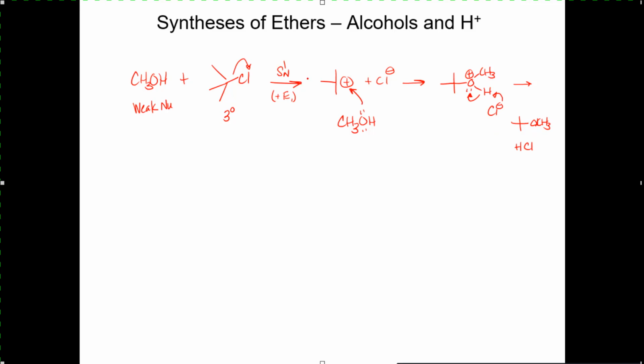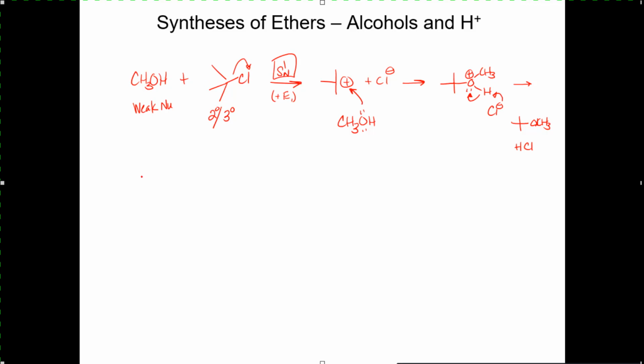So we've seen this reaction before of reacting an alcohol with an alkyl chloride. The limitation on this is it's either going to have to be a secondary or tertiary alcohol because the mechanism is going to have to go SN1. The weak nucleophile cannot do SN2 on an alkyl halide.